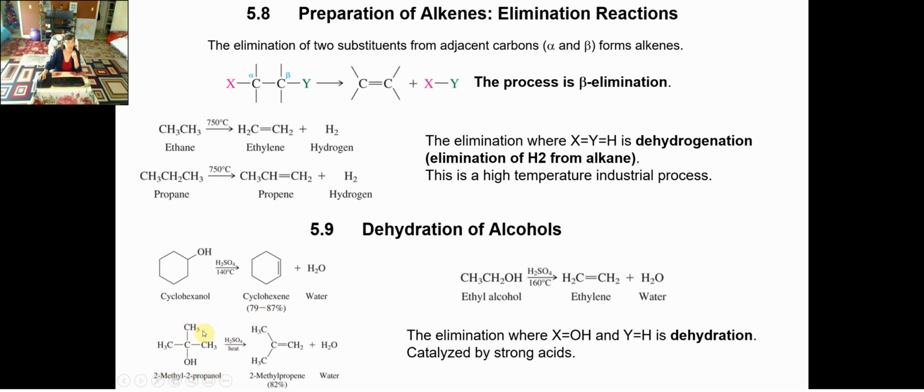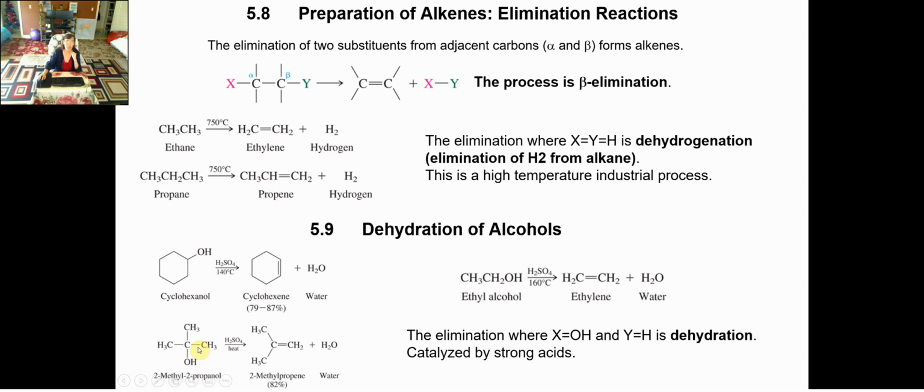If I have another molecule which is tertiary alcohol, so I have my 2-methyl-2-propanol. You are going to heat it up, adding sulfuric acid as your catalyst. This reaction will result in the 2-methylpropene. So this one I may have a question for everybody.